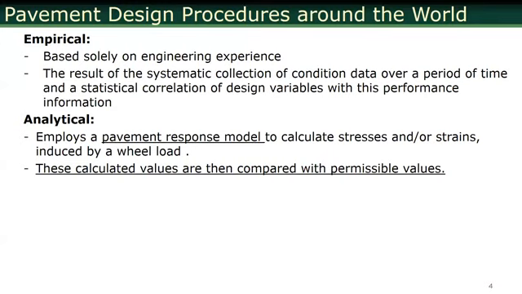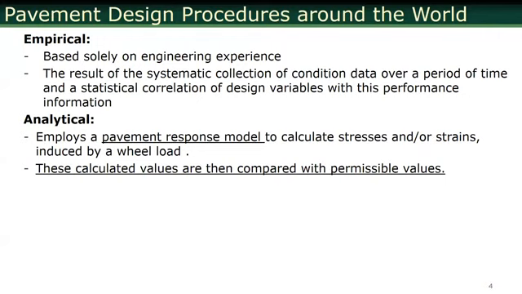So the way that it works is, okay, let's say we want to design a road with a certain thickness. Let's put an 18 kip load. What kind of strain do we expect at the bottom of the asphalt layer? And we don't want that strain to be more than X amount, whatever that X amount is. 100 microstrain, 150 microstrain. So it's based on the structural analysis of the structure.